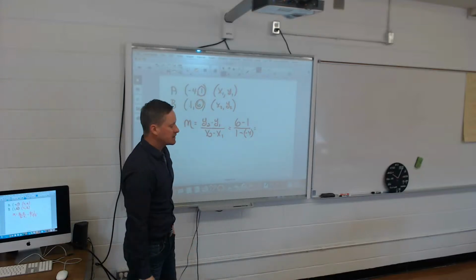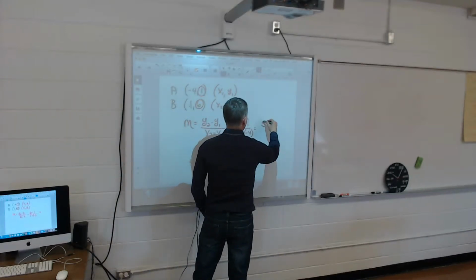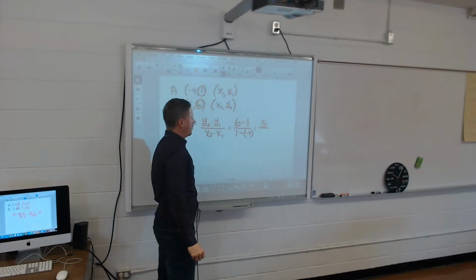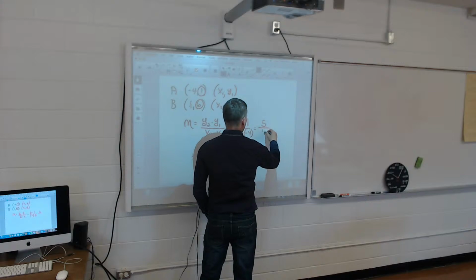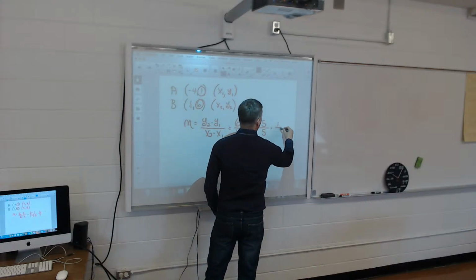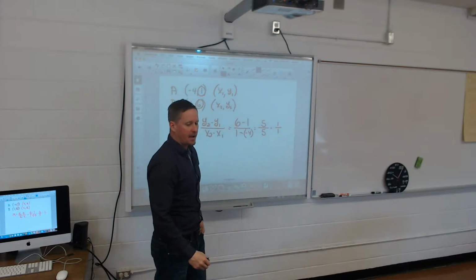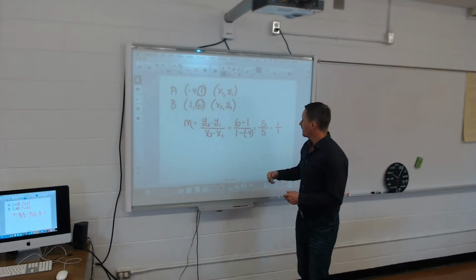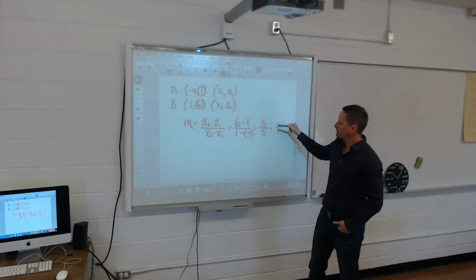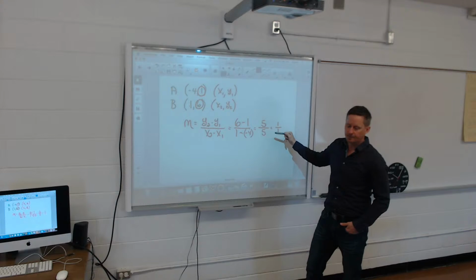So 6 subtract 1 is 5. 1 subtract negative 4 is the same as saying 1 plus 4, which is 5 as well, for a slope of 1 over 1. So that means that to go from any coordinate to the next coordinate, I go up 1 and then I go right 1.